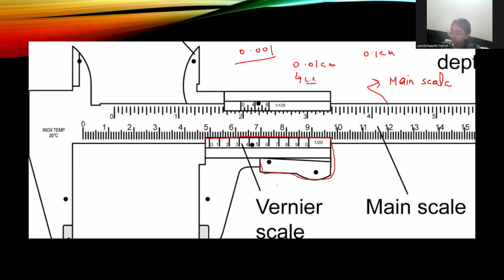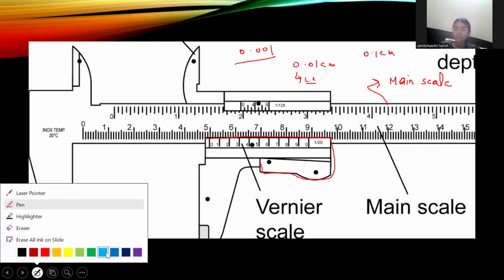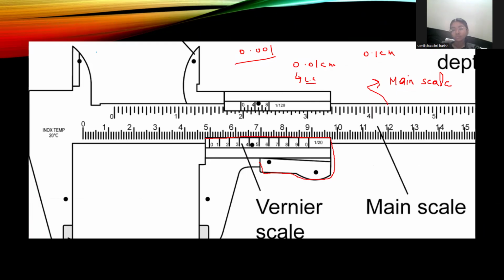I just want to explain, in an ordinary vernier caliper, what is actually happening. In an ordinary vernier caliper, 10 vernier scale divisions are equal to 9 main scale divisions, and 1 main scale division is 1 millimeter, 0.1 centimeter.